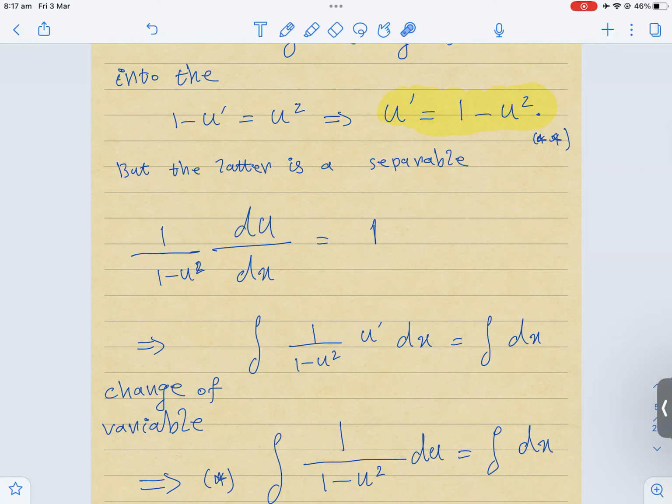integral of 1 over 1 minus u squared. Okay, sorry. So it seems that what's the room of this one?